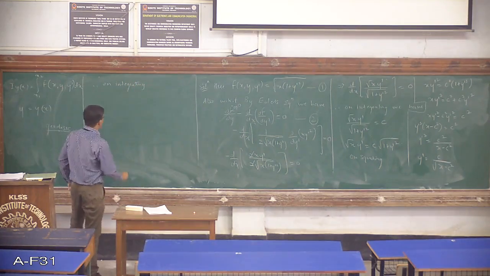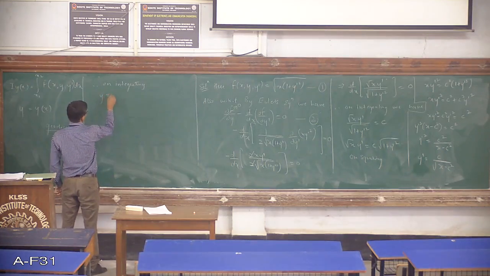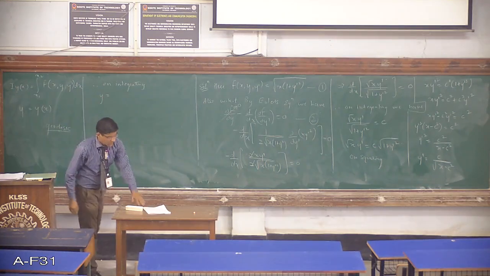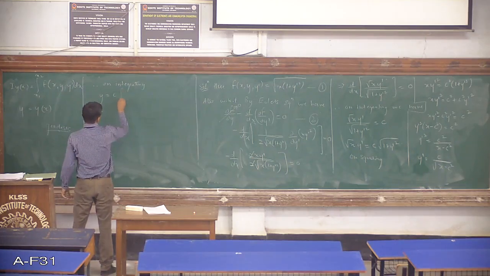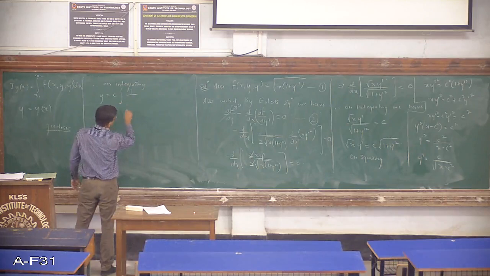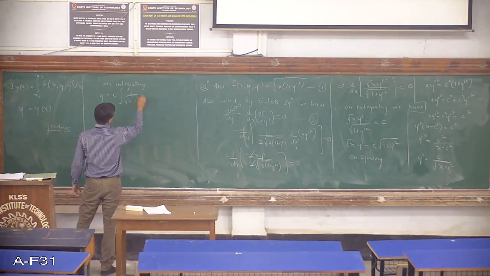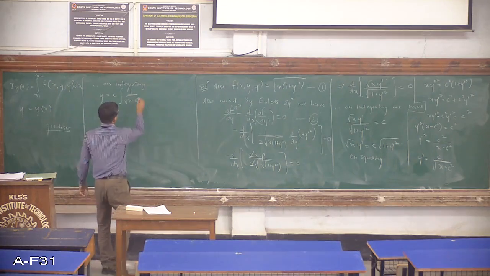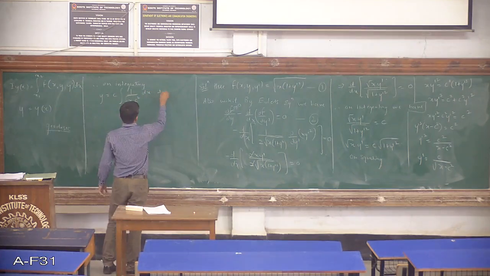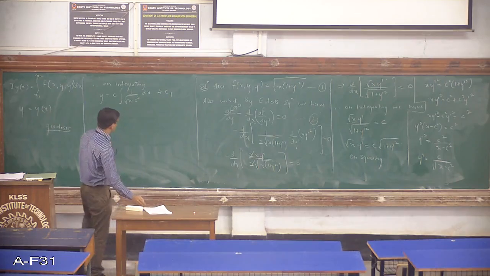Therefore, on integrating, y is equal to c times the integration of 1 divided by square root of x minus c square dx, plus c1.